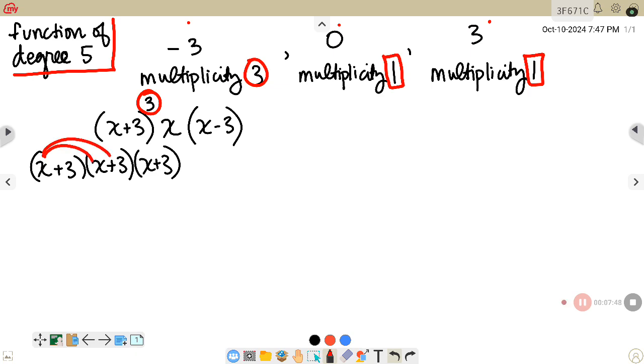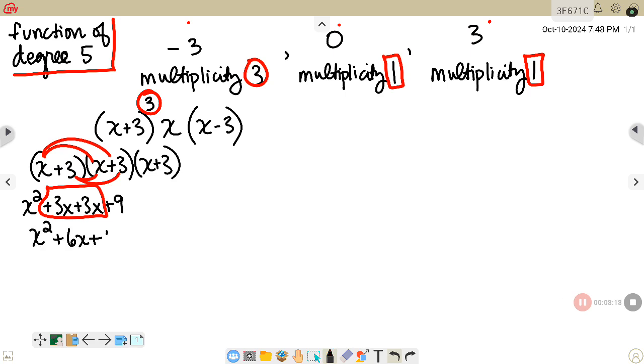So my first, x times x gives me x squared. Then my outside, x times 3 gives me 3x. My inside is another 3x, and then my last is plus 9. These terms in the middle are like terms, so you actually have 6x's. So now I've got x squared plus 6x plus 9.